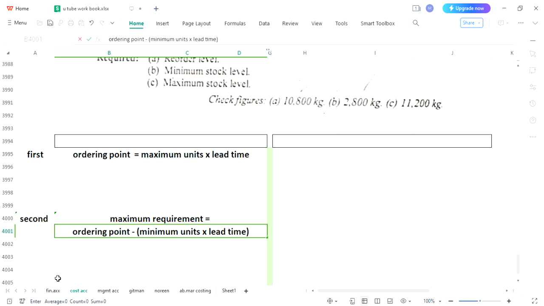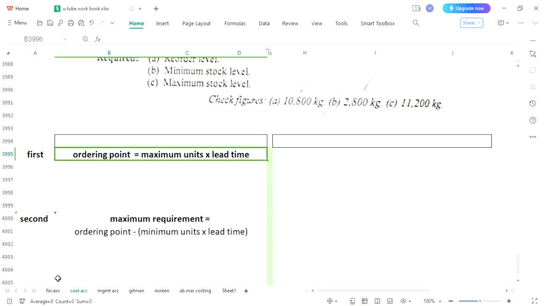So this is the formula for maximum requirement, and this formula is used for the ordering point.